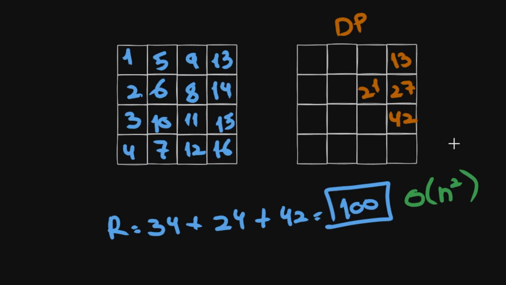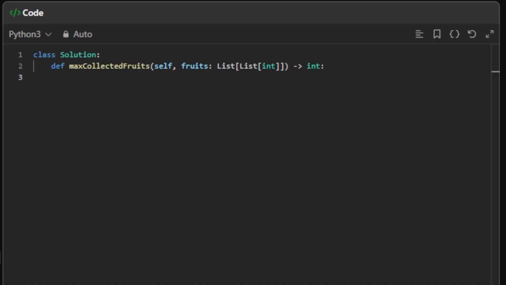So now let's go with the code, and hopefully you will get the idea. First we say n is the length of fruits, and first we start with the child from the top left, so the result is initially the sum for the diagonal. So here we say fruits I for I in range n. And now we can build our dp function.